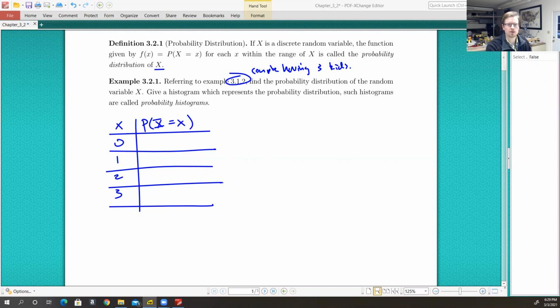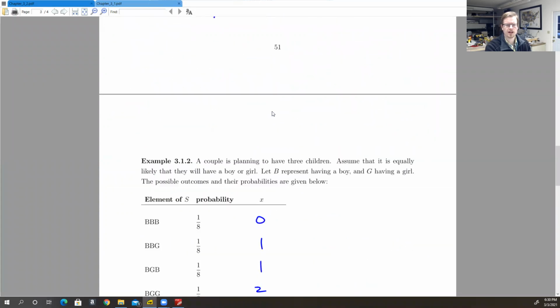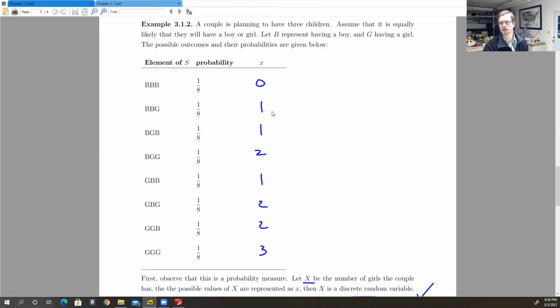So last time we said that the probability of each of the individual outcomes was 1/8. And here we see there's one way to get 0 girls, 3 ways to get 1 girl, 3 ways to get 2 girls, and 1 way to get 3 girls.